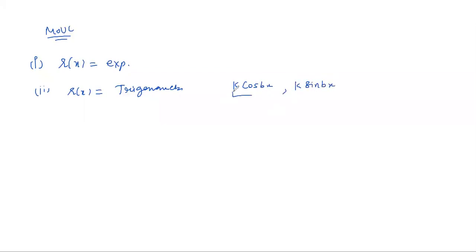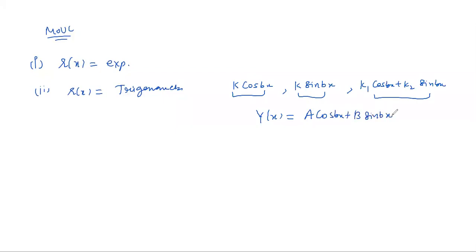When your function is of this type, or a sum of this, say k1 cos bx plus k2 sine bx, if your Rx belongs to any of these categories, I told you what Yx you have to choose is a times cos bx plus b times sine bx. Whatever cos 2x, 3x is occurring here, you always have to take the sum of these two terms.